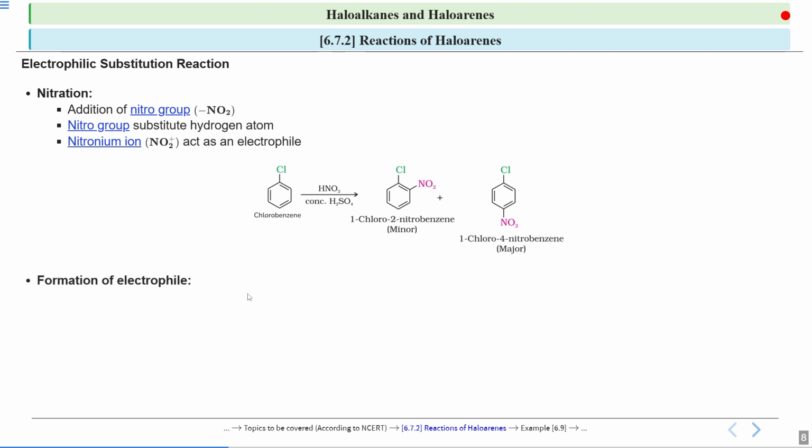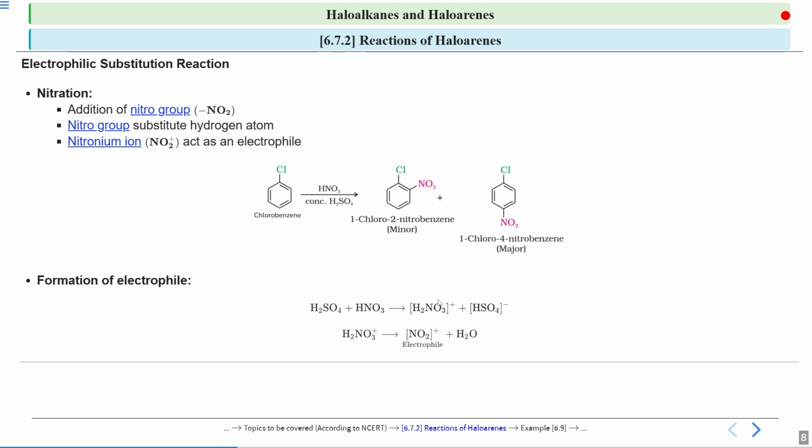Here, the formation of the electrophile. How is the electrophile forming in this reaction? Your sulfuric acid reacts with the HNO3 and you get the H2NO3 positive complex cation plus HSO4 negative anion. What happens after that?